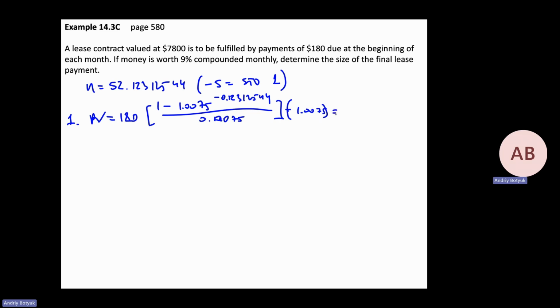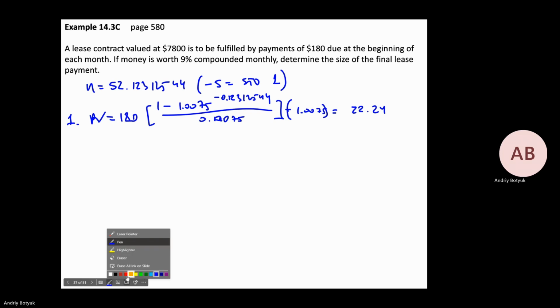That's why we don't have to multiply. So that's the last payment. Yes? Okay.